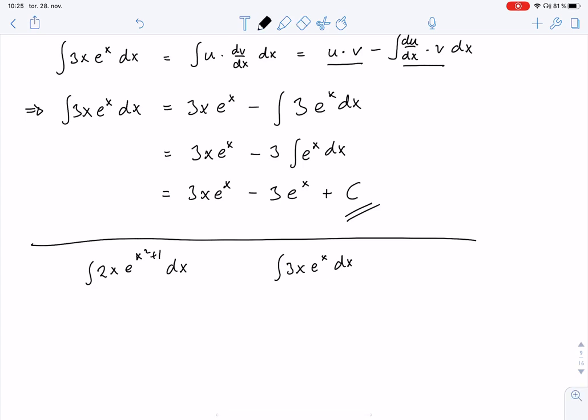Well, the thing is that if we used integration by parts here, I get a very complex v. I cannot find the integral of that easily.